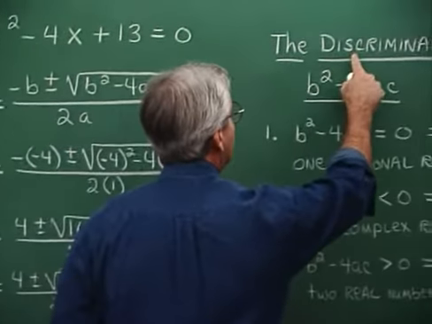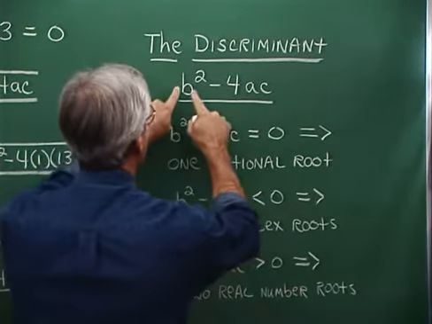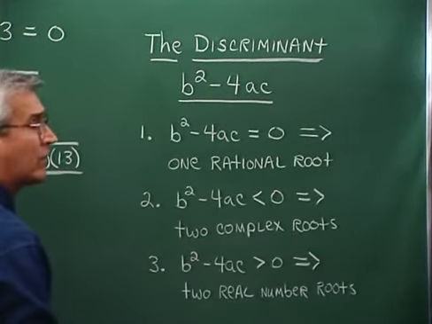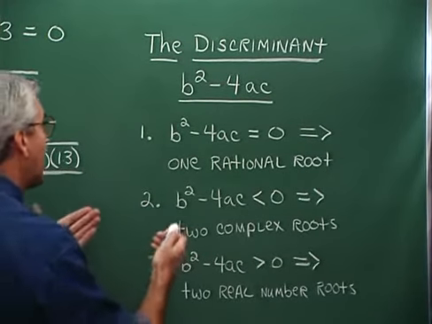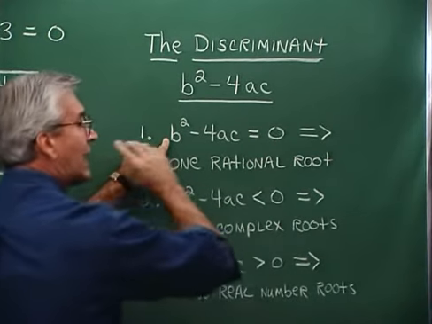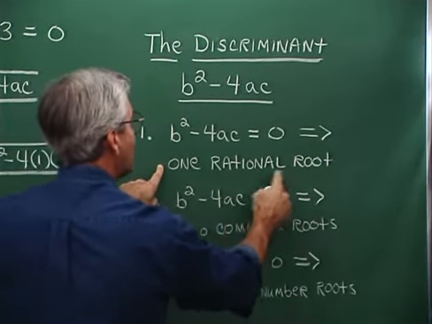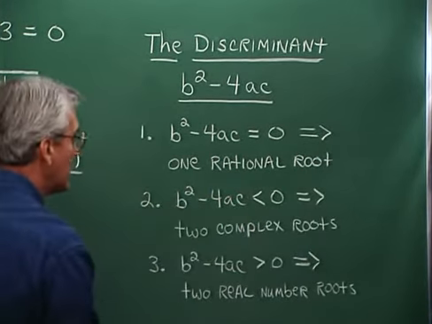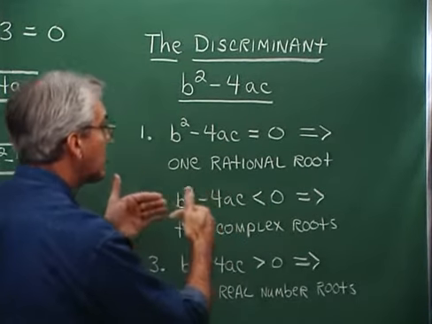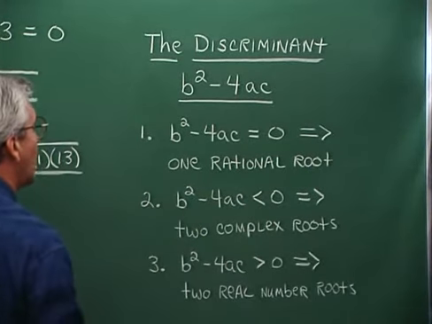The discriminant is the number under the radical. Now, no radical sign here. The discriminant is the b squared minus 4ac part of the quadratic formula. And we just decided that if b squared minus 4ac is equal to 0, that is, that radical part goes out altogether, then we have one rational root, one rational solution. Now, it's a double root, it's a double solution, but nonetheless, it's only one distinct number for our solution.